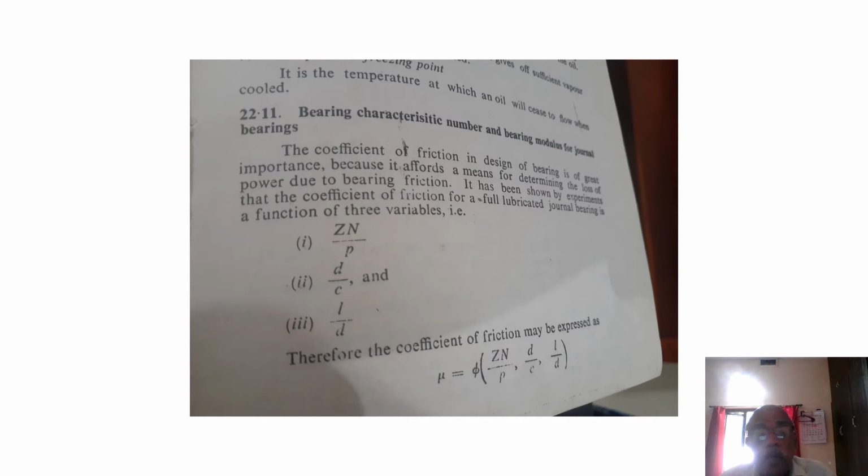In this slide we can see that the coefficient of friction mu is related with three parameters: ZN by P, D by C and L by D, where Z is the viscosity, N is the speed, P is the allowable pressure, D is the diameter of the journal, C is the clearance, and L is the length of the journal. It is very important information that mu is related with these three parameters. An empirical relation for mu has already been derived, which is available in the data book, connecting the three parameters ZN by P, D by C and L by D.